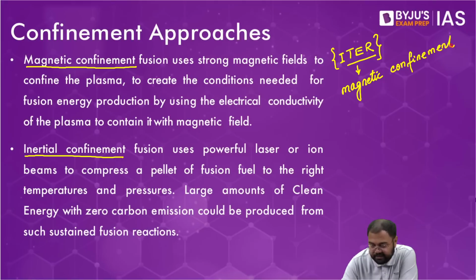Now, with magnetic confinement, they basically have been trying to experimentally succeed in nuclear fusion. Now, experimentally, have they succeeded? The answer is yes. But they still haven't been able to reach a level where commercial production of nuclear fusion can be made possible.